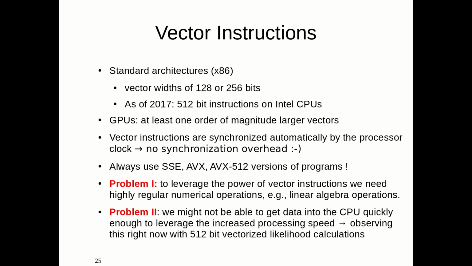But this also means that you need to get more data into your processor in order to be able to leverage that additional computational power. So frequently your computational limitation may not be the processor speed or the computing power of the processor, but the speed of the memory subsystem that allows you to move data to your CPU that you need to do operations on.